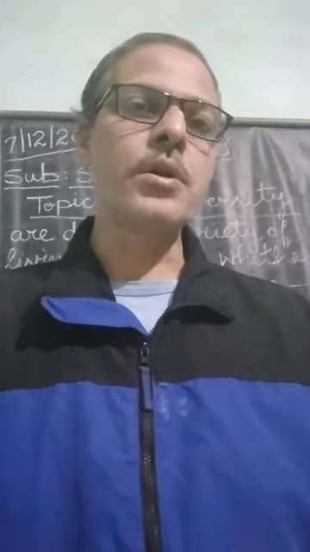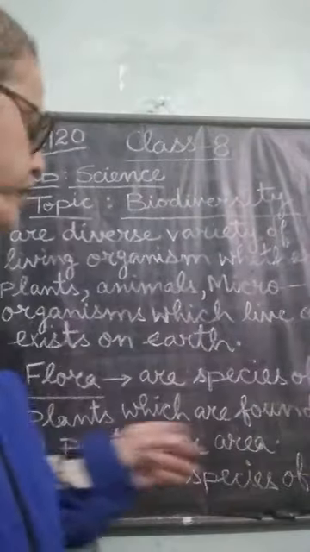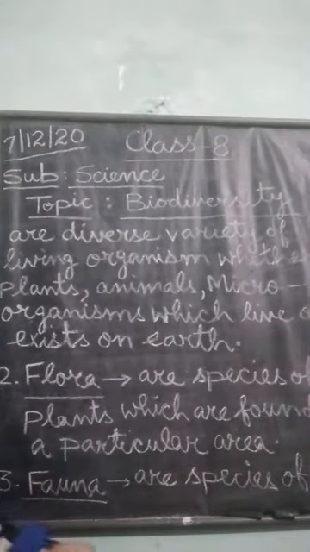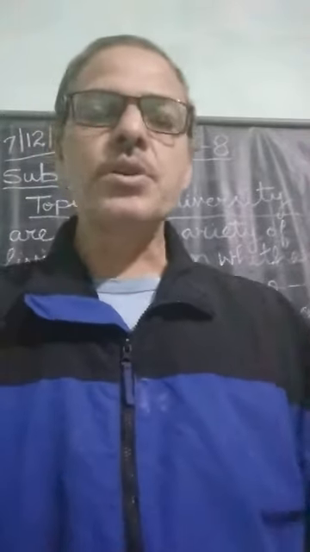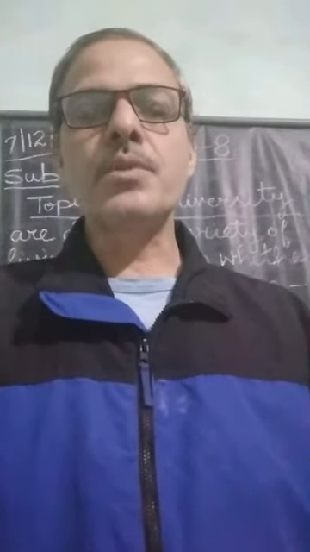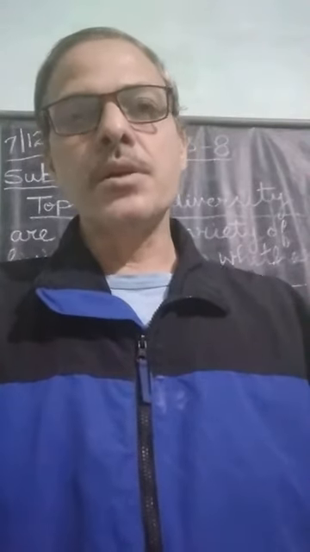So the species of plants which are found in a particular area or region are called flora. And the next word is fauna. Fauna are the species of animals which are found in a particular area or a region.